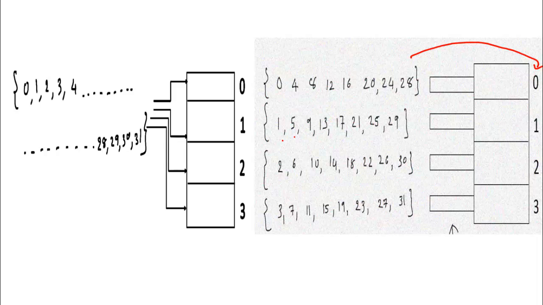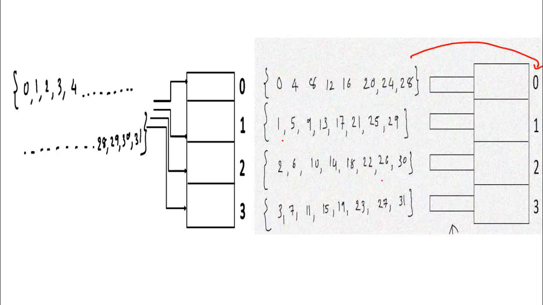Similarly, for the set below, 1, 5, 9, 13, absolutely this is restricted to the first block of cache memory, and the set below, 2, 6, 10, 14, 18, is also restricted to the second block of cache memory. All these main memory blocks will 101% go to this block.